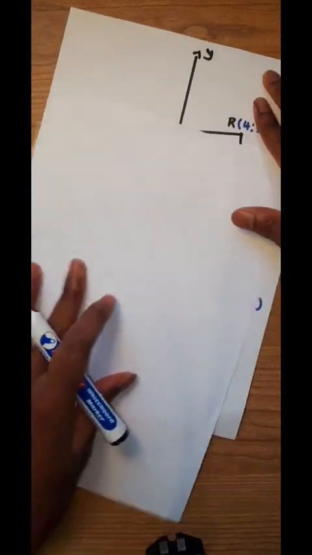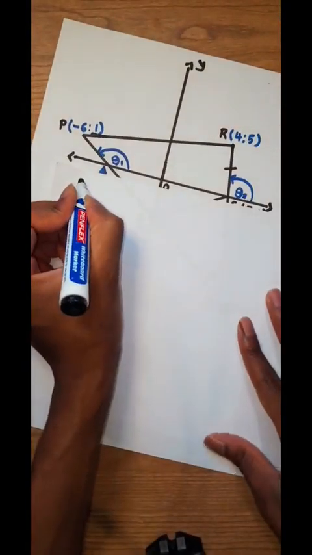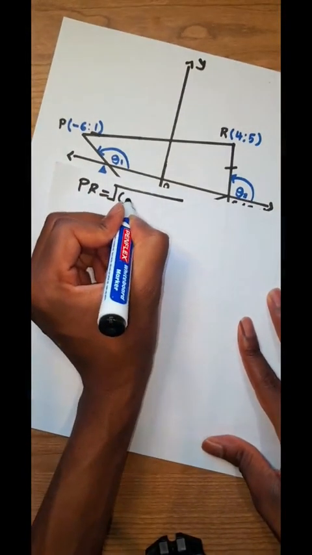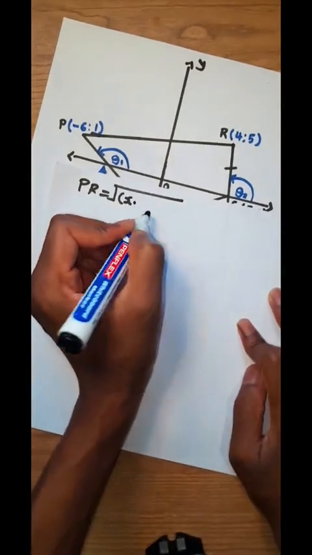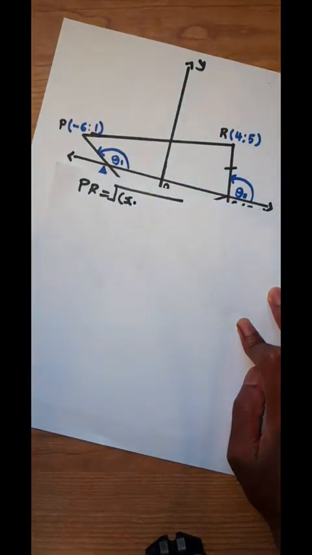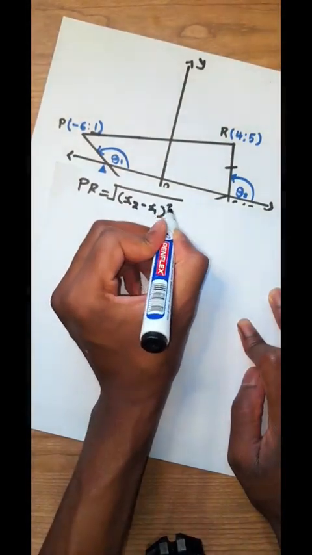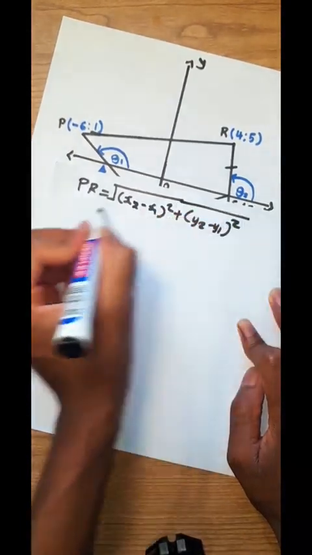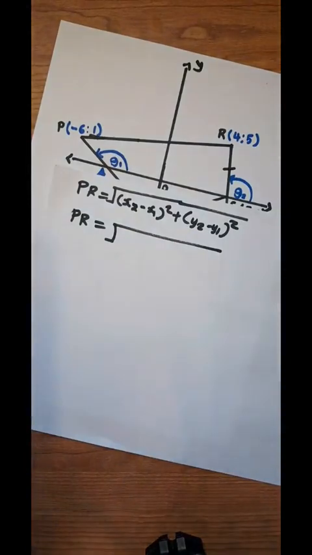The distance of PR is going to be the square root of... is it x2? Oh, God, I've literally forgotten the formula. But I think it's (x2 minus x1) squared plus (y2 minus y1) squared. I haven't done this in a long time, so if this is wrong, you're going to correct me.